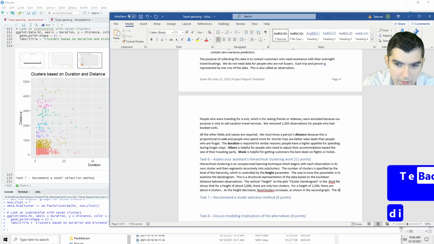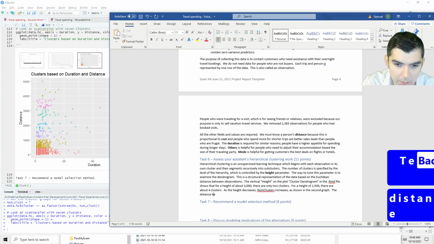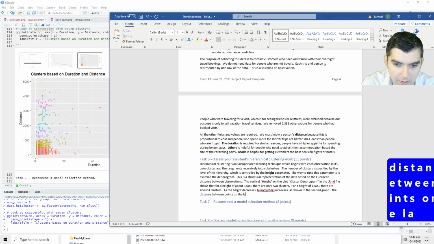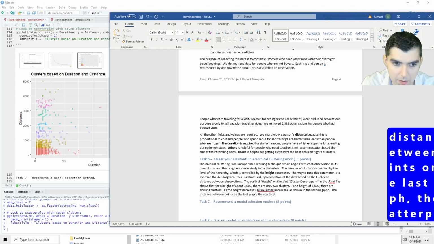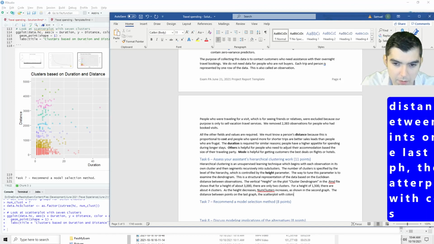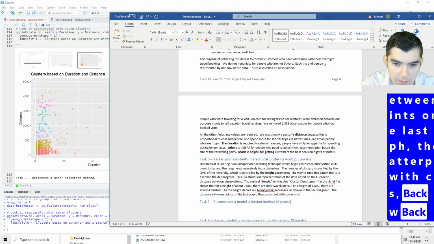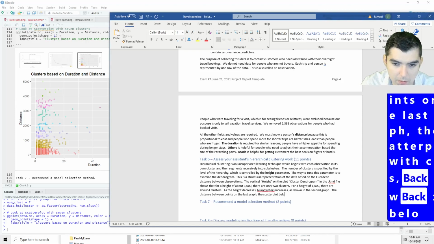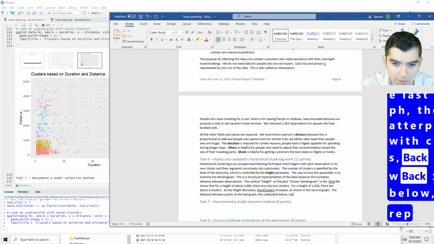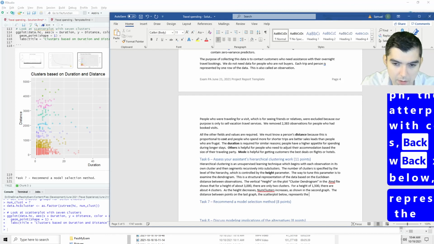The distance between points on the last graph is the scatter plot with colors shown. The scatter plot below represents the height.